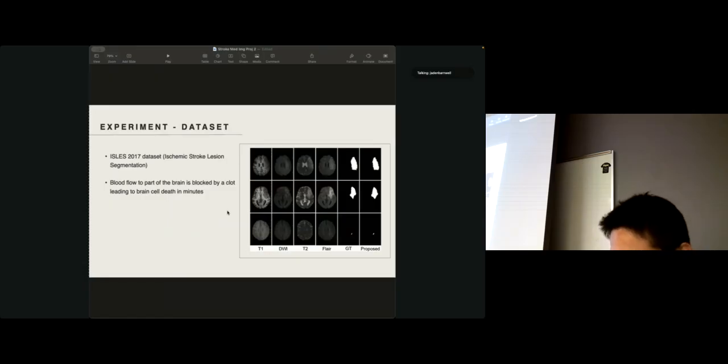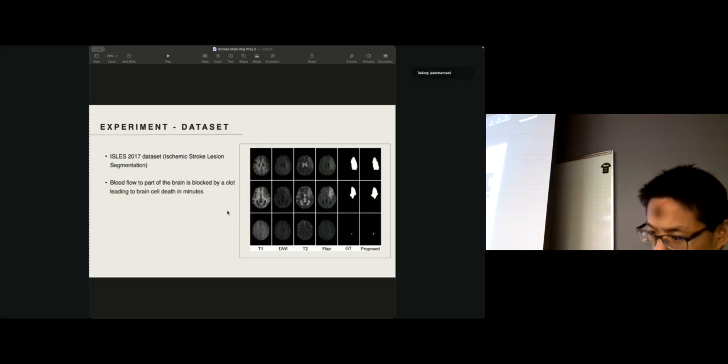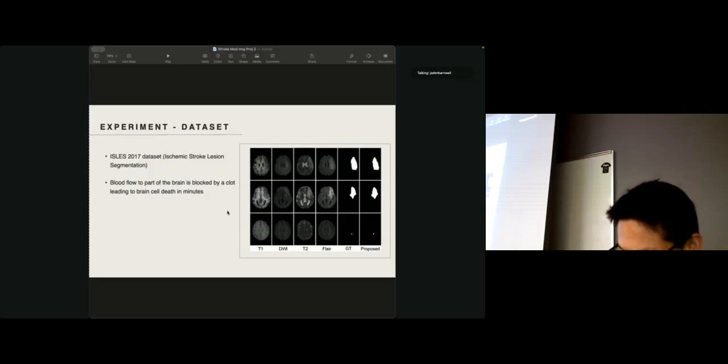For the data set of this experiment, we're using the ISLES 2017 data set, which is ischemic stroke lesion segmentation, and the data set is all images of that. It has the patients that have experienced this stroke with, as you can see here on the right side, the mask compared to the training images.